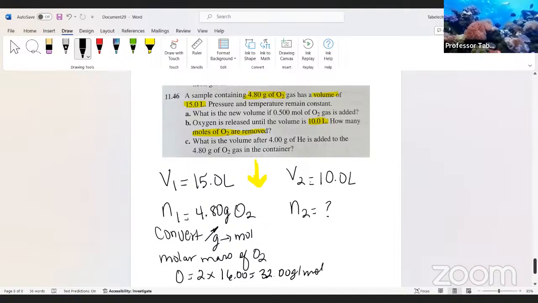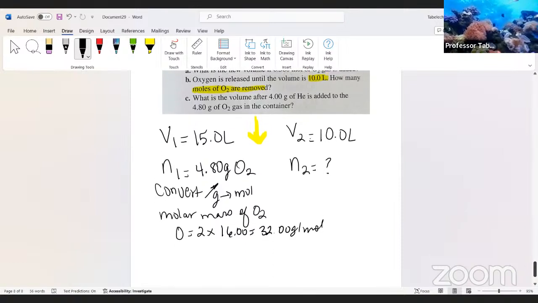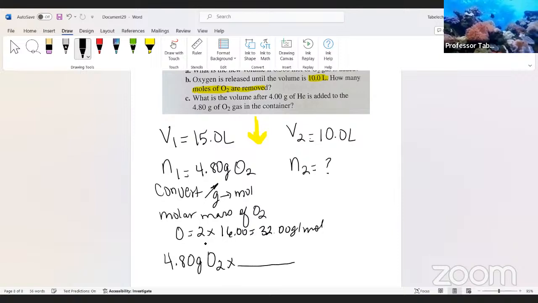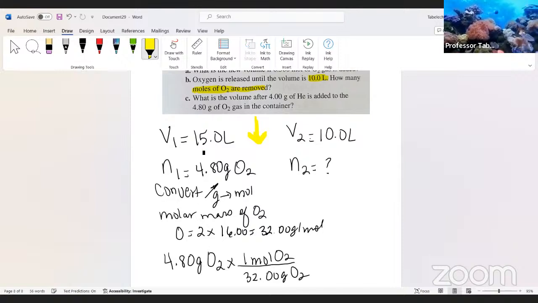So now what you're going to have to do in this problem is convert the 4.80 grams of oxygen times, on the top, you're going to put 1 mole of oxygen, and on the very bottom, 32.00 grams of oxygen. You're going to cancel out your grams of oxygen, okay? Cancel those out, and go ahead and do your operation here, okay?